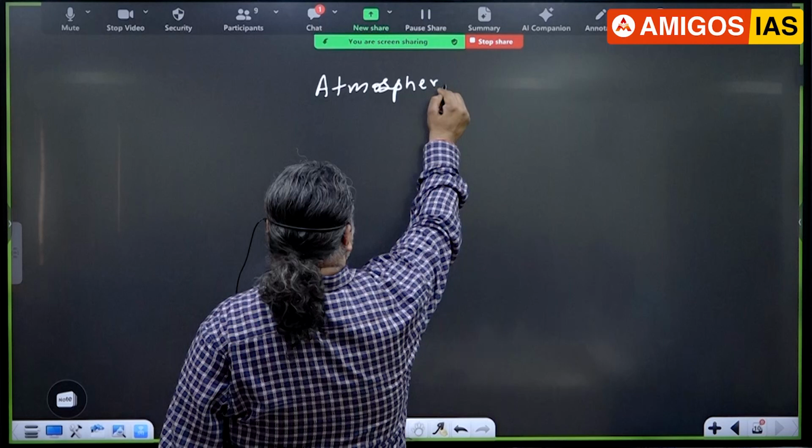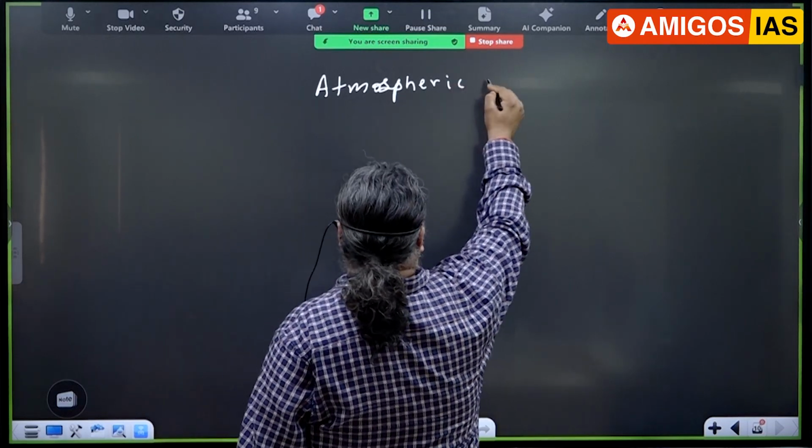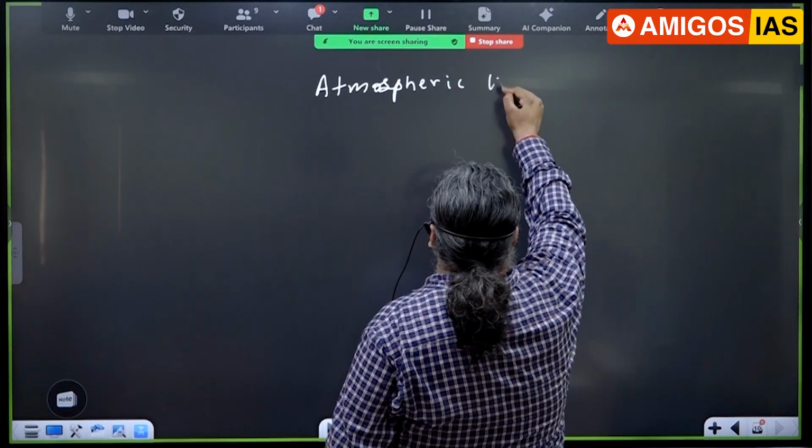I'll give you in a flowchart form here. Atmospheric wave experiment.